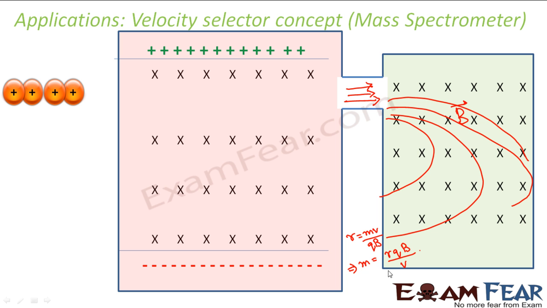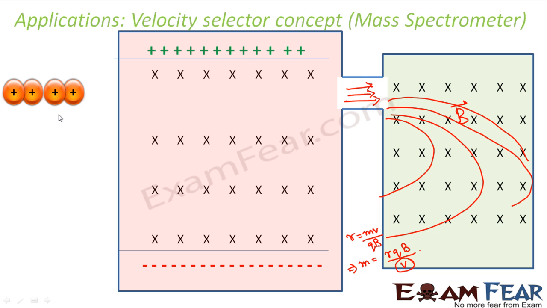So for this also it requires single-velocity particles. Let us suppose they have to calculate the mass of some element. They first ionize that particular object. Once you ionize it, you get charged particles.